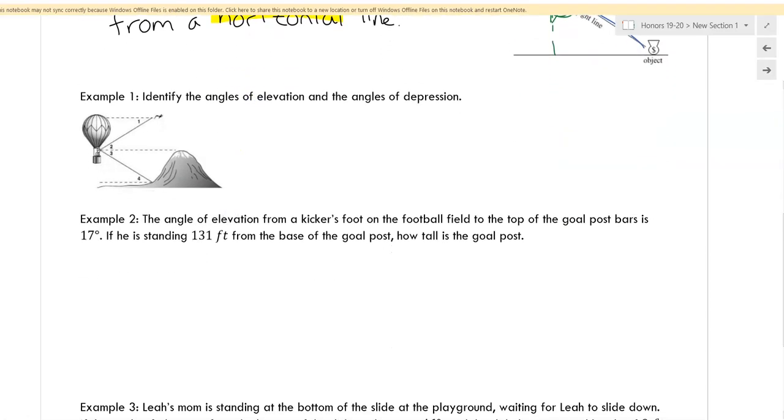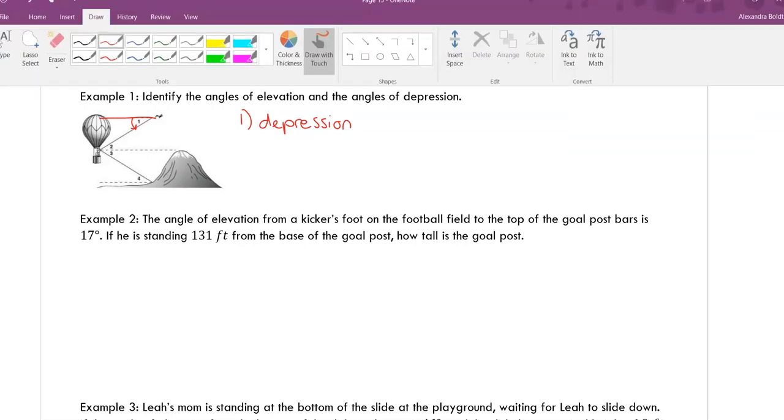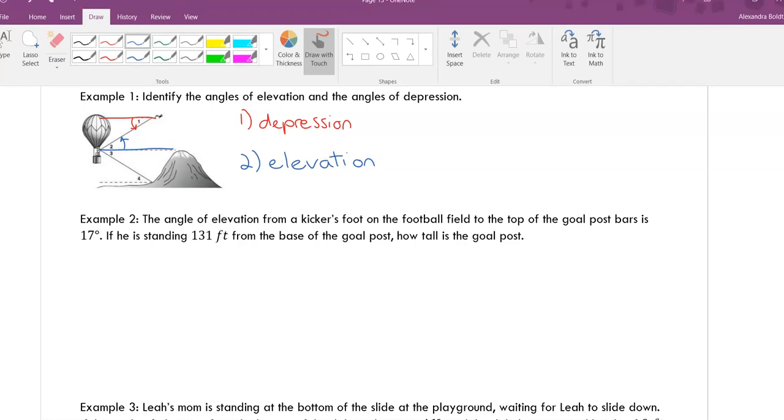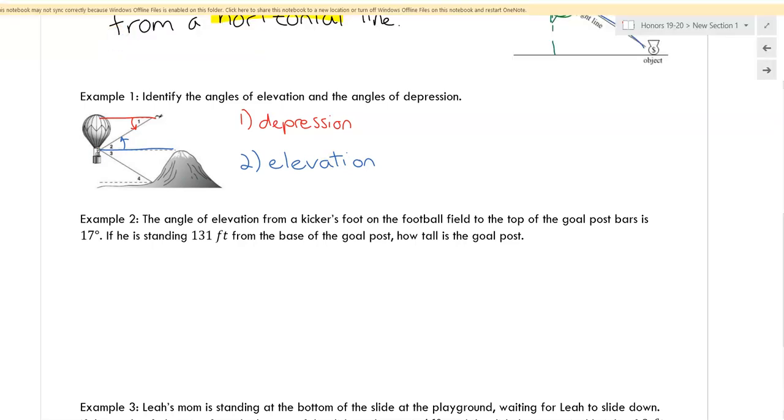So example 1, identify the angles of elevation and the angles of depression. If I look at number 1, here's my horizontal line, and it goes down. So 1 is an angle of depression. Number 2, here's my horizontal line, and that line of sight goes up from there. So number 2 is an angle of elevation.